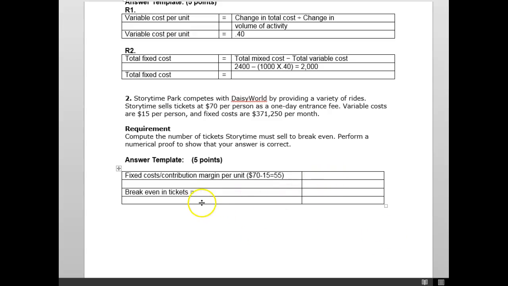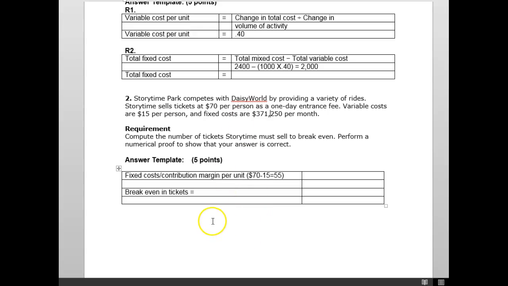So now they want to know what is the break-even in tickets. And you're now scratching your head. Well, fixed costs are $371,250 per month. That's a really important figure, because that becomes what we have to sell for the break-even, just so that we don't lose money.